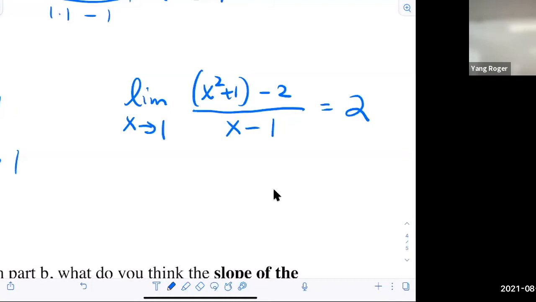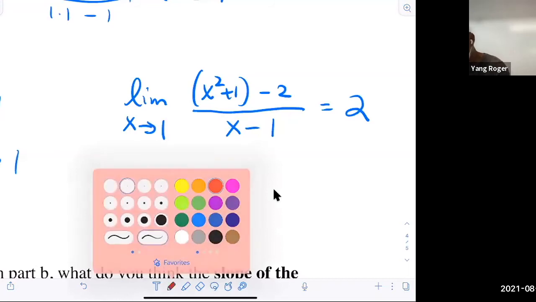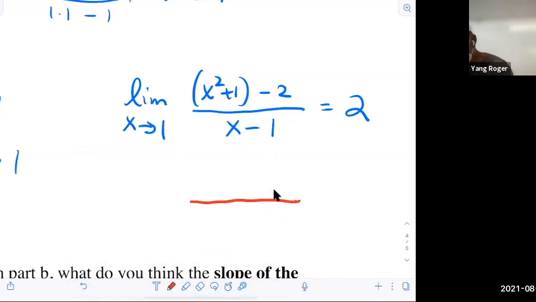So if you pretend you have a number line that looks like this, and your x value of 1 is right here, when the limit exists, you need to be able to come from this side, the positive side, or from this side, the negative side.